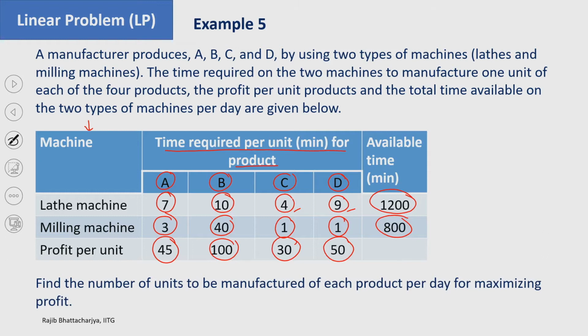The question is to find the number of units to be manufactured for each product per day for maximizing profit. We have to do the scheduling so that we can achieve maximum profit.